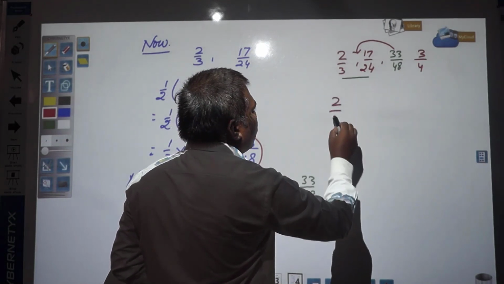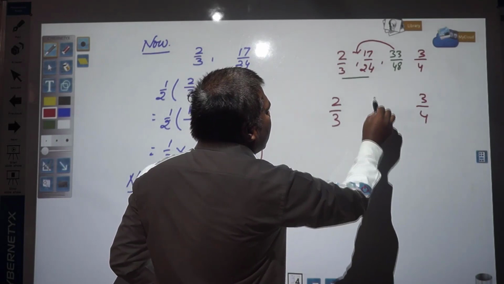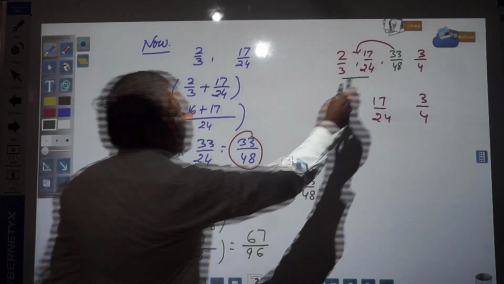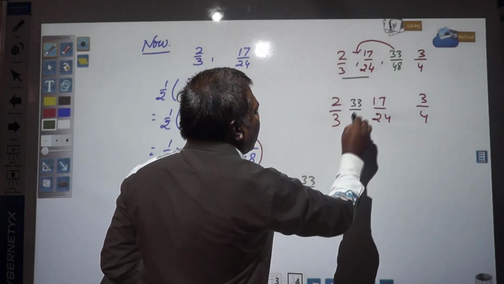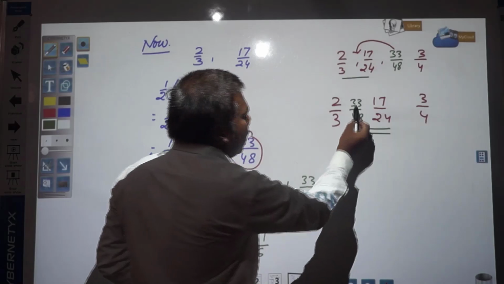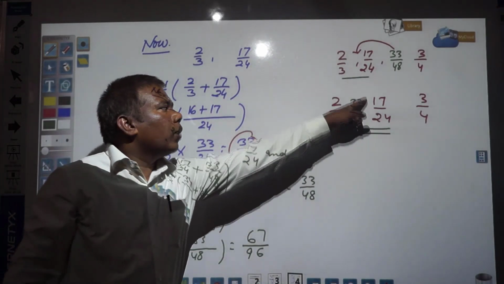Because you got 2/3 and 3/4, and in between you have got 17/24, the first number you had got, and the next number you got 33/48. Now in between these 33/48 and 17/24 you need to find out one number.